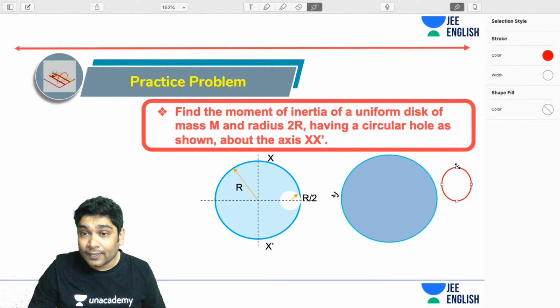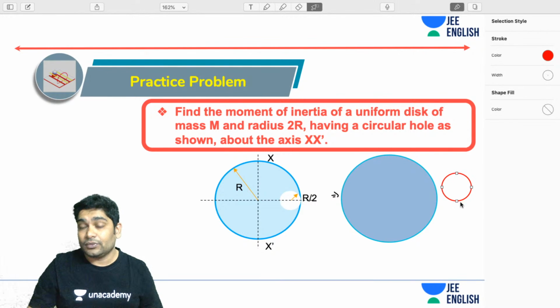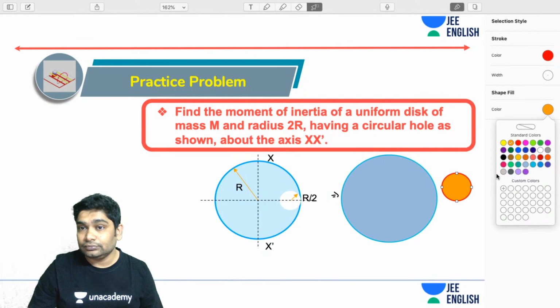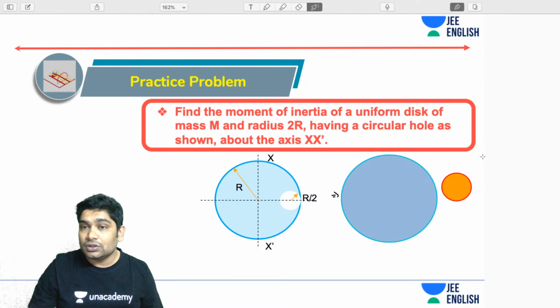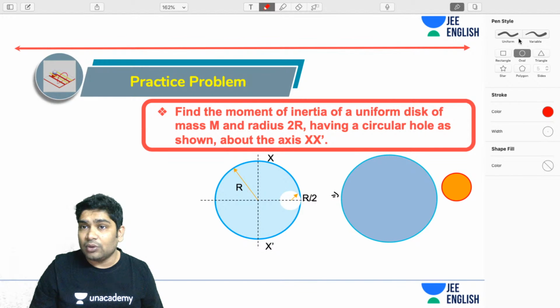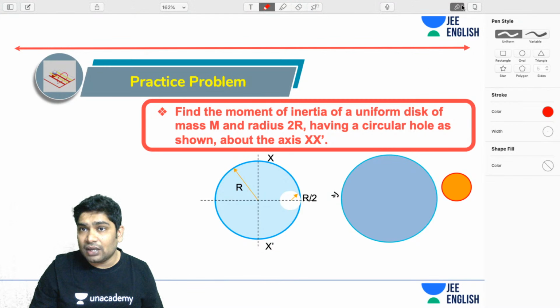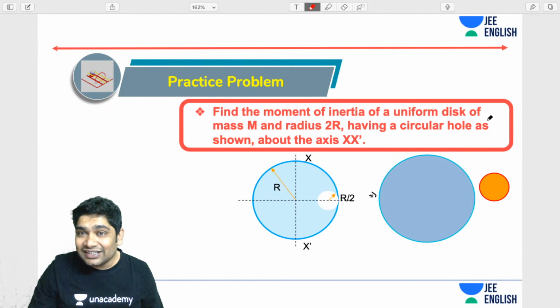Let's say that this is a negative mass disk, and let's fill this with some color. So the idea is that I'm going to break this into two parts. One is a positive mass disk, and this has been added to a negative mass disk like this.